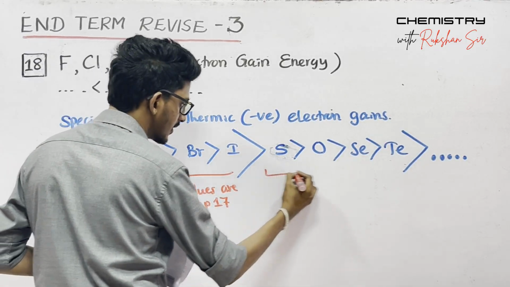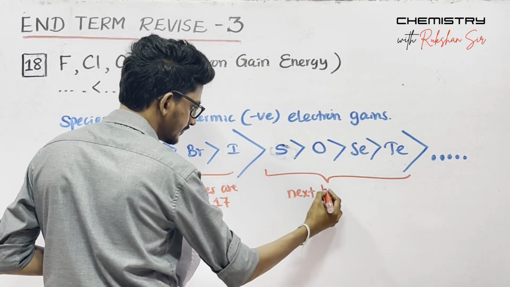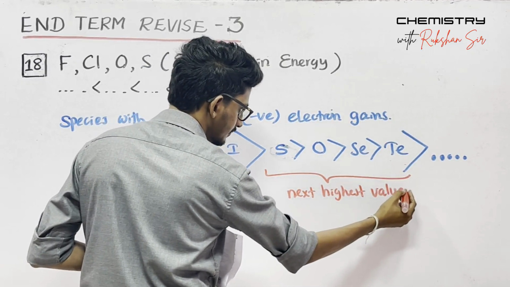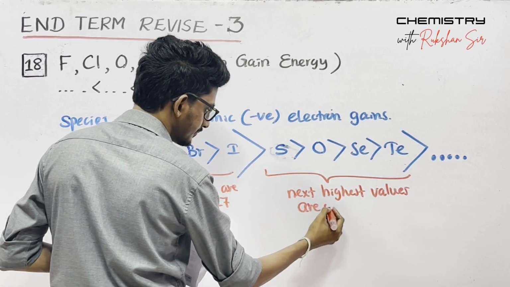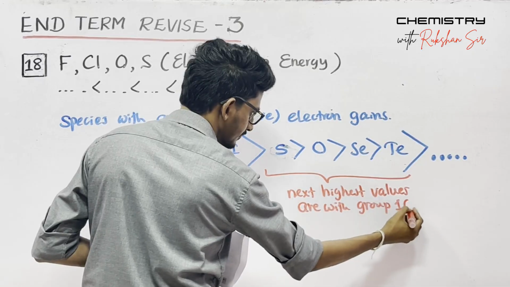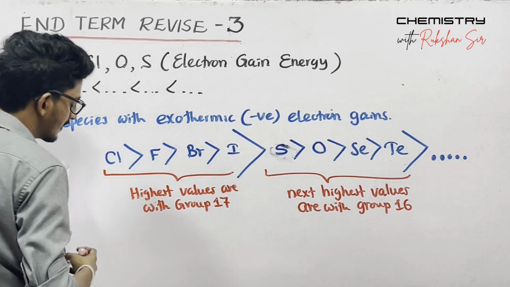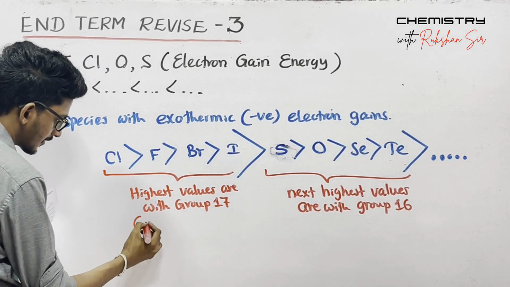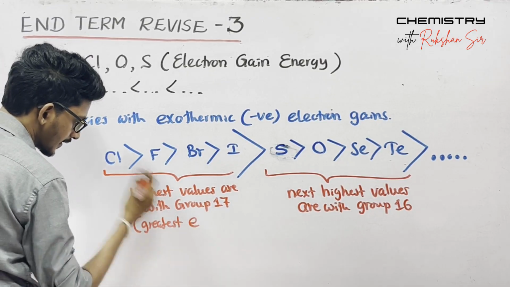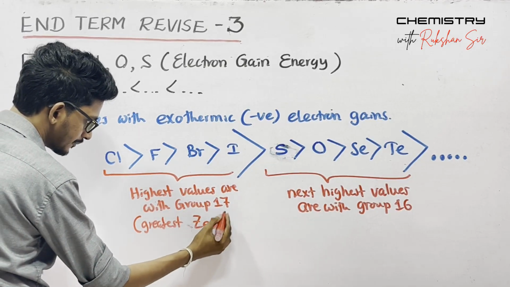Next highest values are with group 16. Right? The reason is that, what was the reason? Because these guys are the ones with greatest effective charge, so that it is easy to attract the electrons.